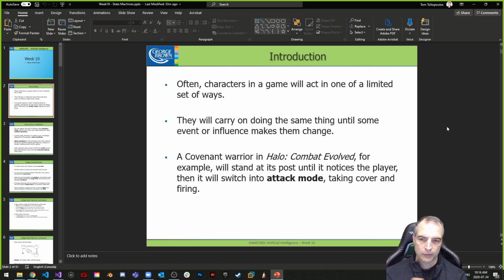As an example, we have a Covenant Warrior in Halo, and they'll stand at their post until they notice line of sight or some kind of detection. It could be a radius that the player is inside, and then they'll switch into attack mode. So just like we've talked about before, you have a condition, and that condition triggers the state change. Okay, so we're going to start talking about state a little bit.